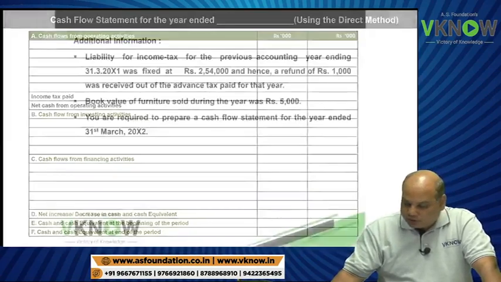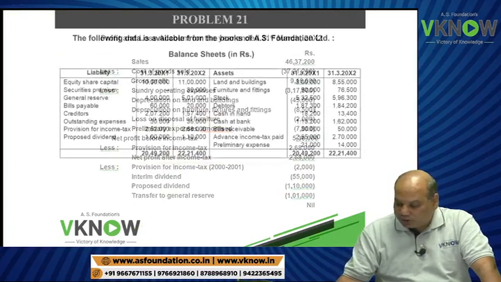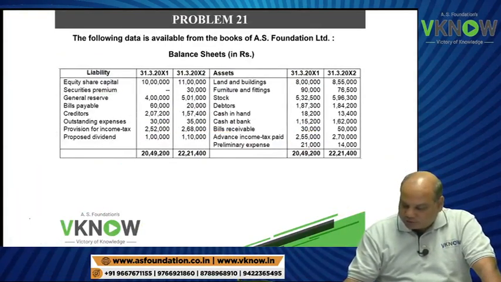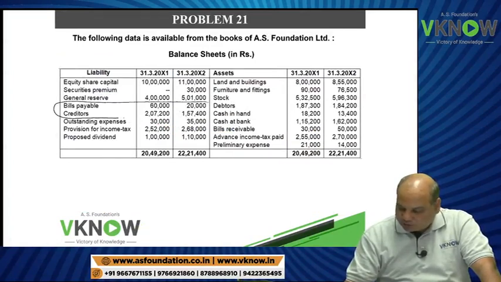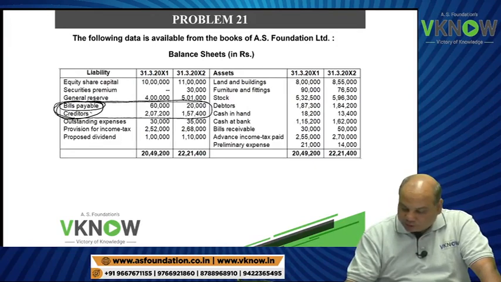See on the screen, pay attention on the screen, look at the balance sheet. On the balance sheet, we have been given bills payable and creditor. Both are the same, but bills payable is a negotiable instrument, ultimately payable to the creditors only.